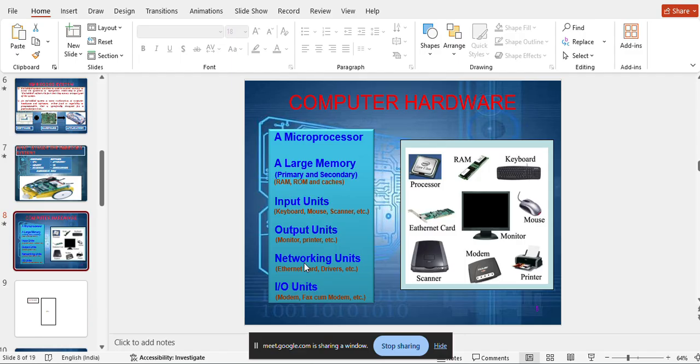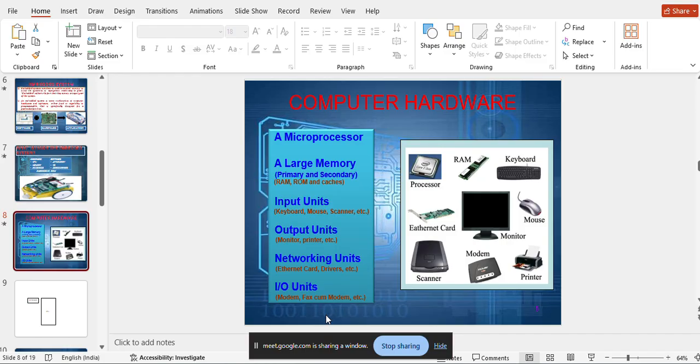When it comes to the networking units, there are Ethernet cards, drivers, Wi-Fi modules, internet, and cloud platforms. These are the network units for the system. And then there are the IO units, which we can call modem and fax modem.